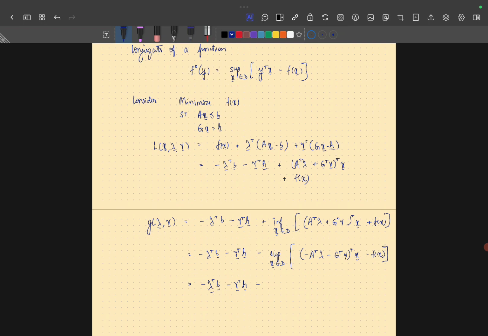Can you write this whole quantity in terms of f star, the conjugate of f, evaluated at some point?